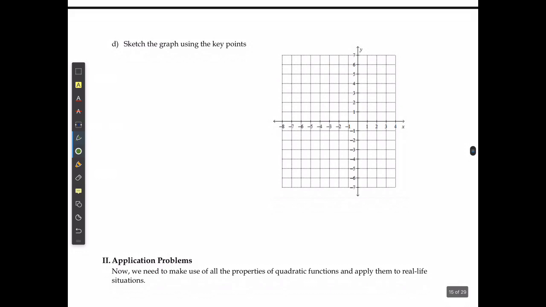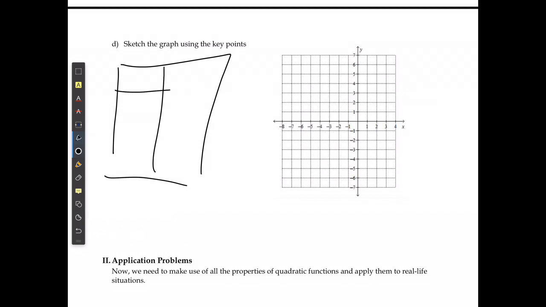If I'm graphing using key points, then that would be where I'm actually making a table of values based on the function. So I'm going to take my points and I'm going to state what are the x's going to be, what are the y's going to be.